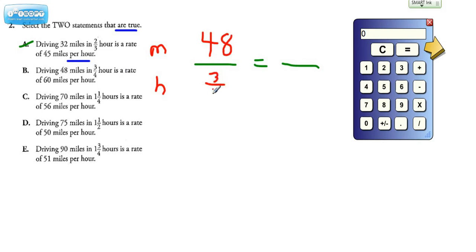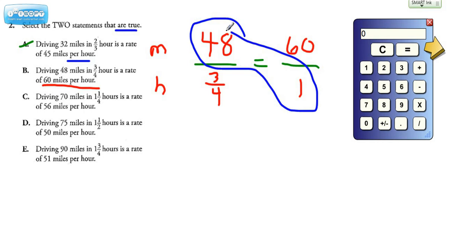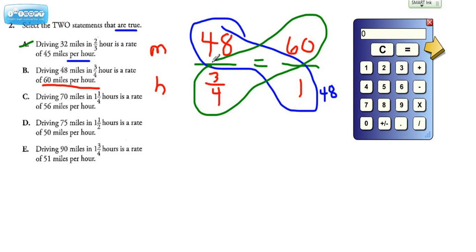By the way, if you like decimals better, you can rethink this as 0.75. And then we have 60 miles per hour, so that's 60 miles in 1 hour. Let's check the cross products. 48 times 1, that's easy enough, that's 48. We just have to find what 3/4 of 60 would be.